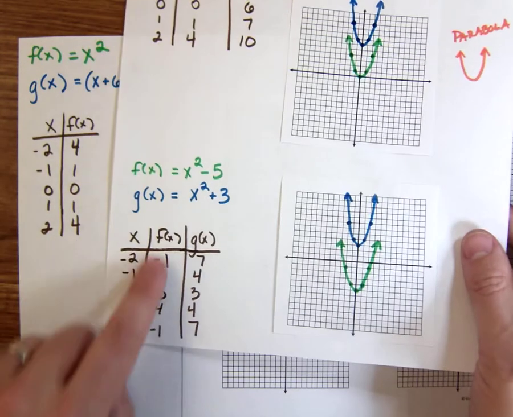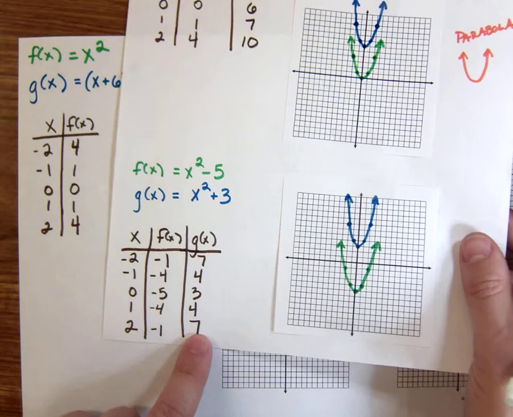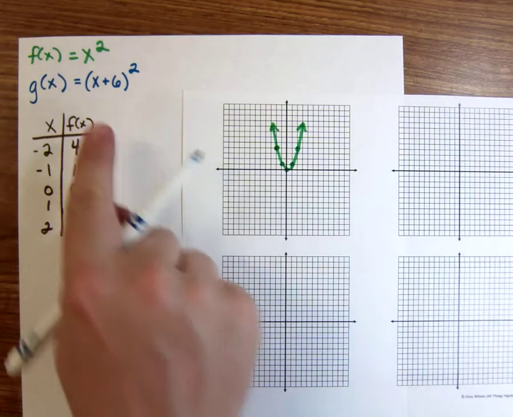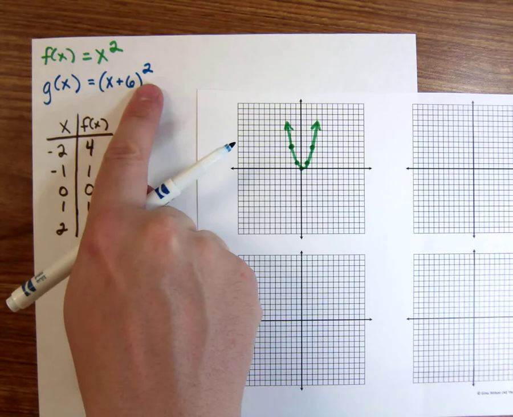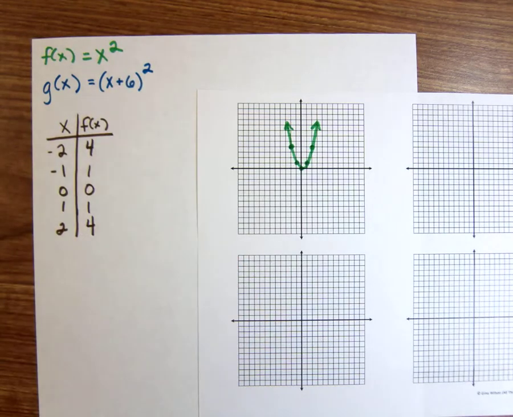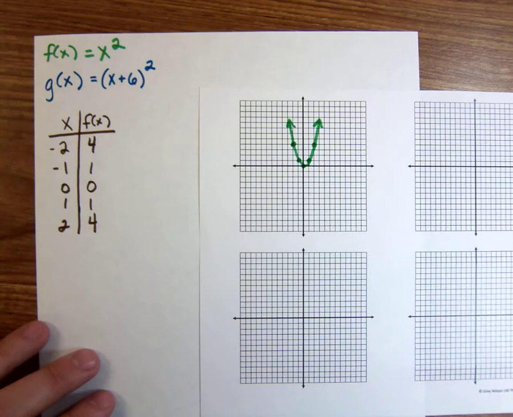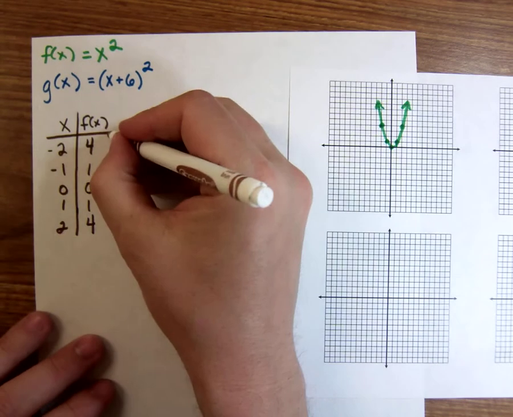Same thing down here. The y values are changed by adding and subtracting numbers on the end. When you have numbers that are added or subtracted inside the parentheses being squared with the x, what changes is the x values. The x values are different. Okay? It's going to become relevant to us in just a second whenever we make our second table.